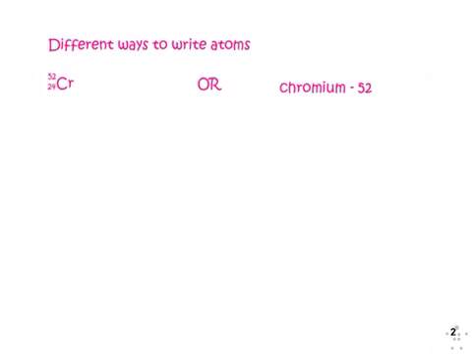So there are a couple different ways to write this information about each atom. You can do it this way. And so we obviously have the symbol. The top number is the atomic mass. And the bottom number is the atomic number.